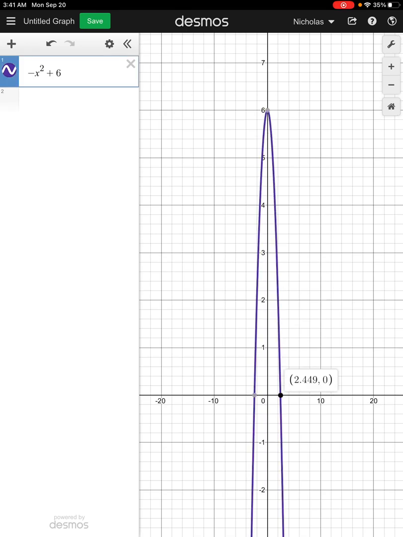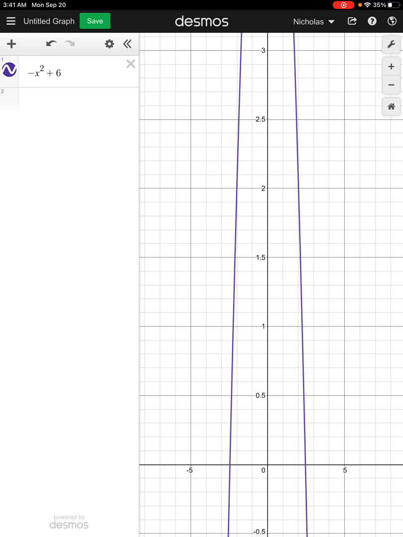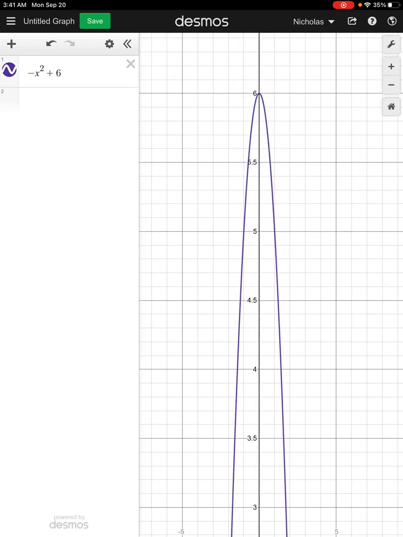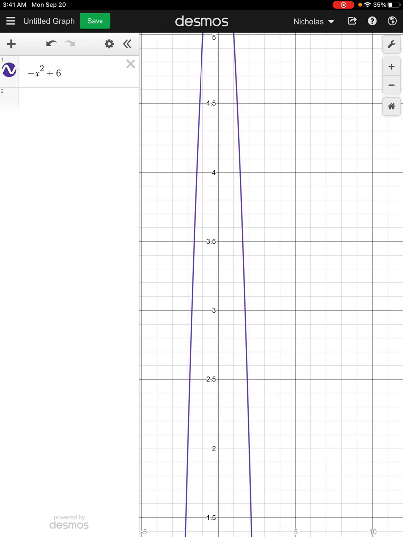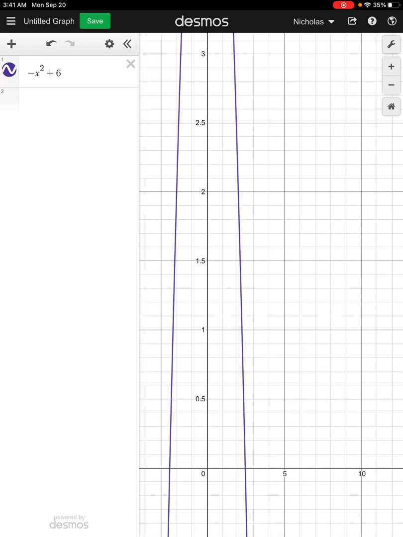Let's see here. When x is 0, y is 6. When x is 1, let's see here. When x is 1, y is 5. There we go. When x is 2, y is 2.